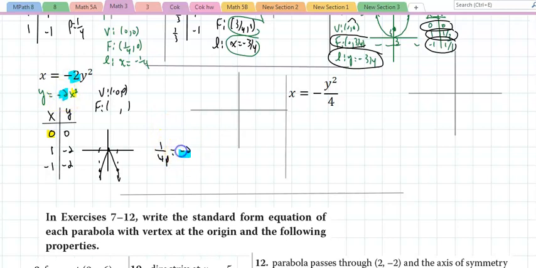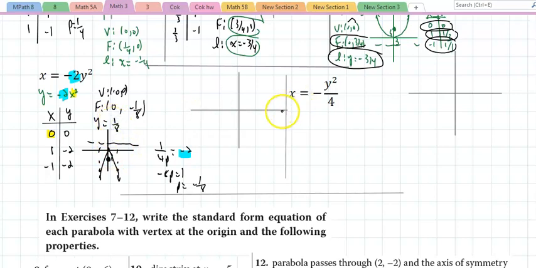So that work doesn't change. Cross multiply. So p is negative 1/8. So if I go 1/8 below, that's 0, negative 1/8. And the directrix is y equal, if I go 0 above, that's 1/8.